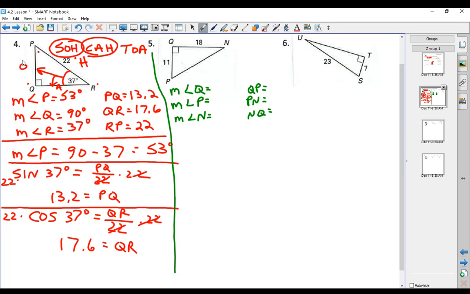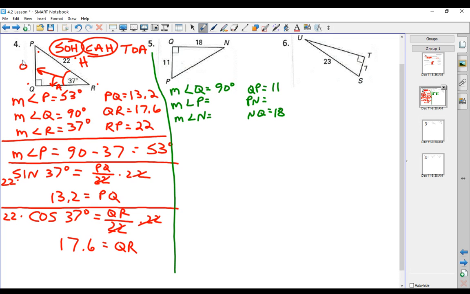All right, we know that QP is 11. We know that QN or NQ is 18. And we know that angle Q is a 90-degree angle.